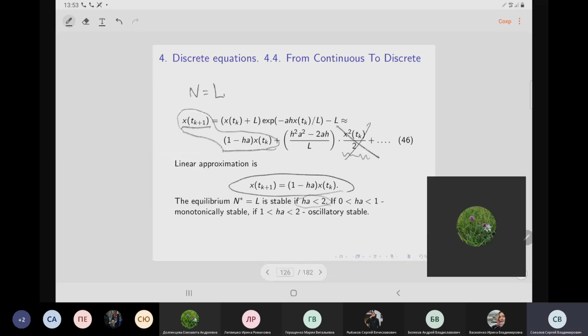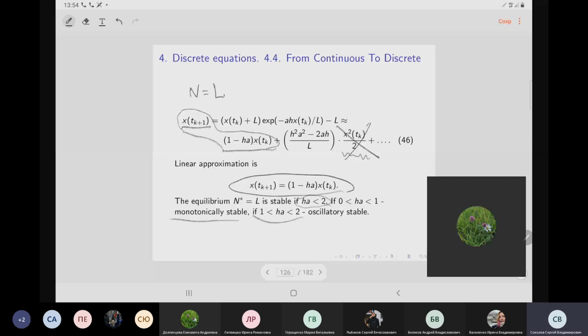If AH is greater than 0 but less than 1, then it is monotonically stable. And if it is from 1 to 2, the stability is oscillatory. What does it mean?